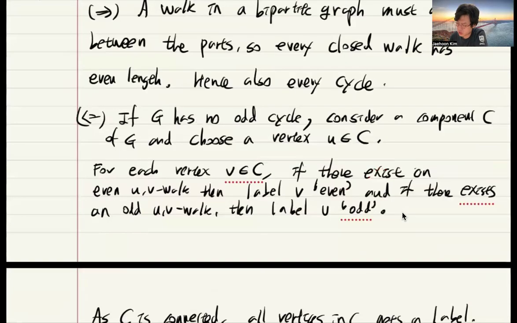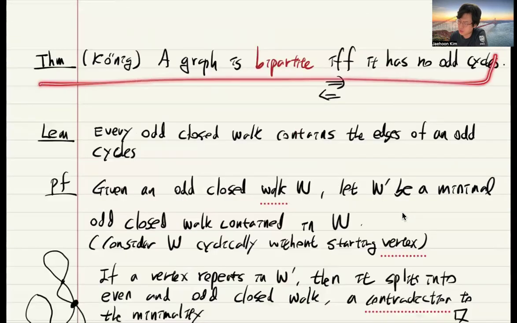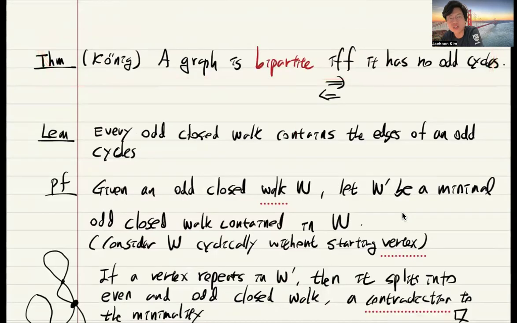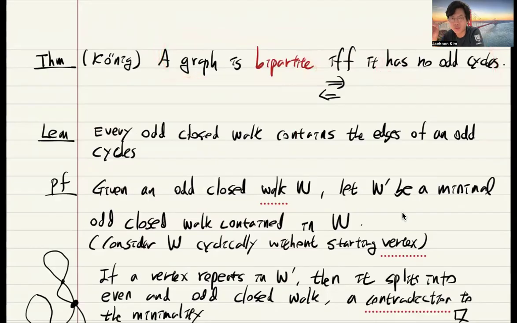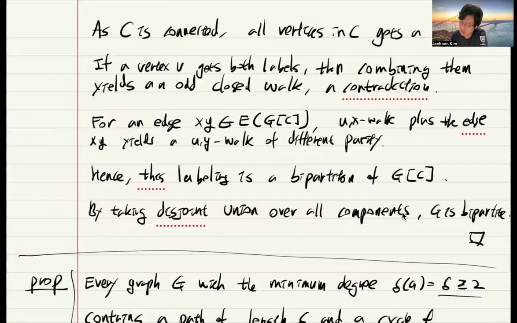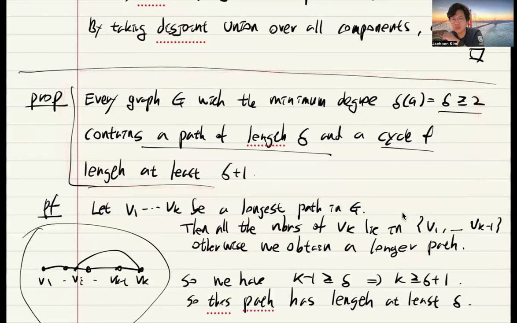So we showed these two statements. And if you see, the first is more of a qualitative statement. There is some structural information about the graph, and there is also structural information about the graph, and then we provide some connection. On the other hand, this one is more of a quantitative statement. The length of a path is something that you measure; it gives you a number. And the minimum degree is also a number. And then you compare some inequality between them.